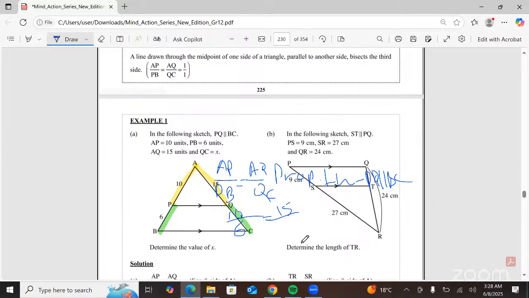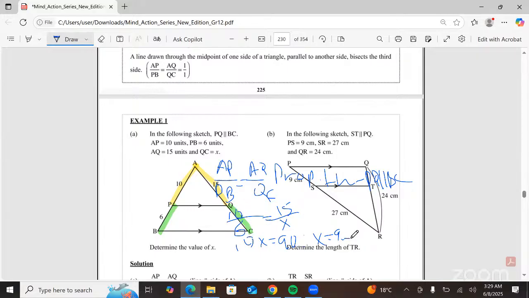QC is the one that we are looking for, it's X. Therefore, you cross multiply. 10 times X gives you 10X is equal to 15 times 6. 6 times 15 is 90. Then your X will simply be 90 divided by 10, which is 9 units. Then you are done just like that.